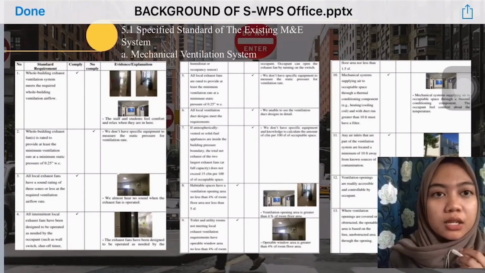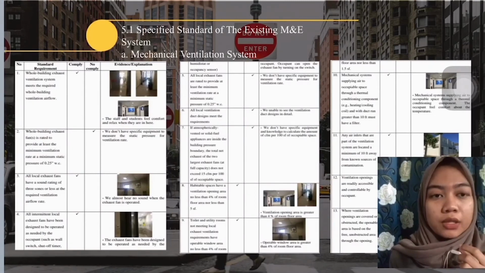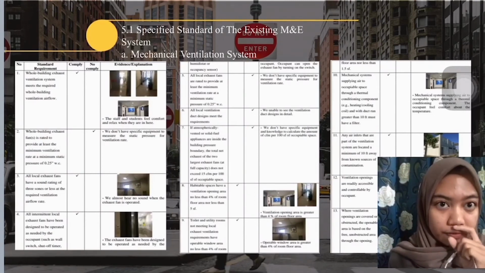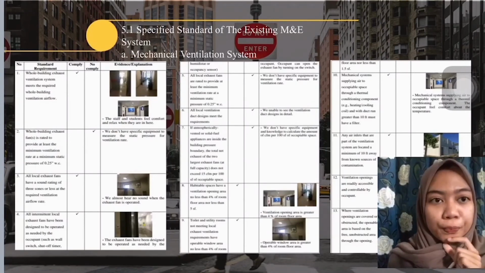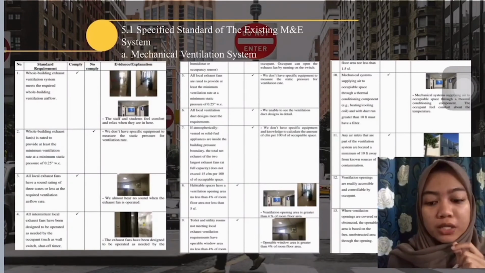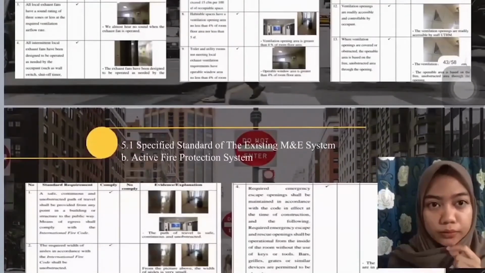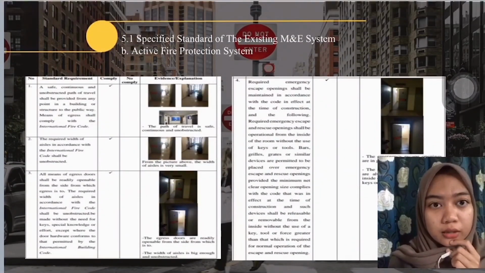For the specific standard of the existing M&E systems, there are a few systems. First, the mechanical ventilation system. There are 13 categories for the mechanical ventilation system, but a few criteria we don't fulfill because we don't have equipment to measure. Next, for the active fire protection system, we have fulfilled the criteria.